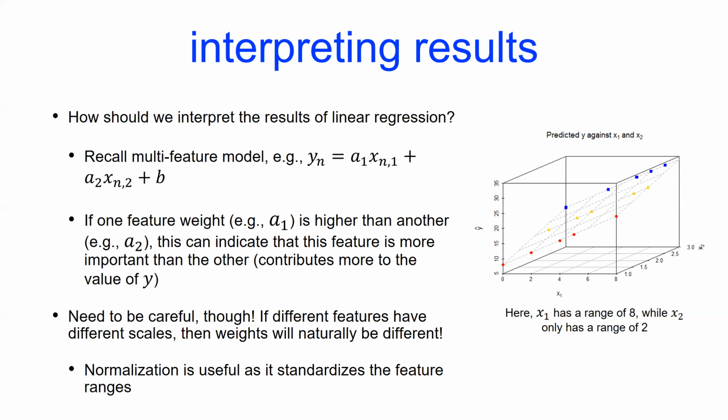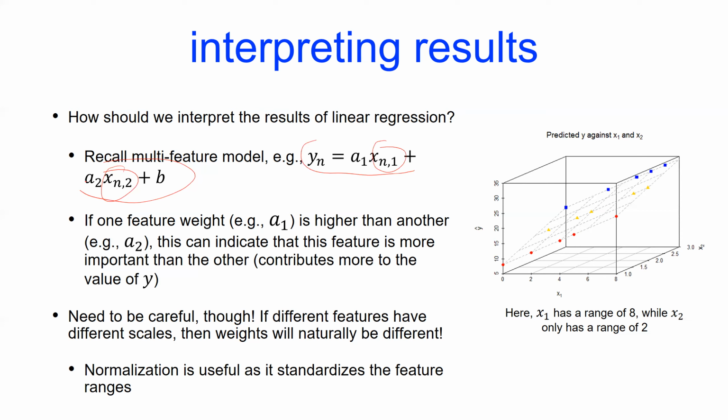All right. So for example, if we look at our familiar linear regression function, we have A1, A2. If A1 is much larger than A2, a very natural reaction is to say X1 probably will be more important than X2. Why? Very simple, right?